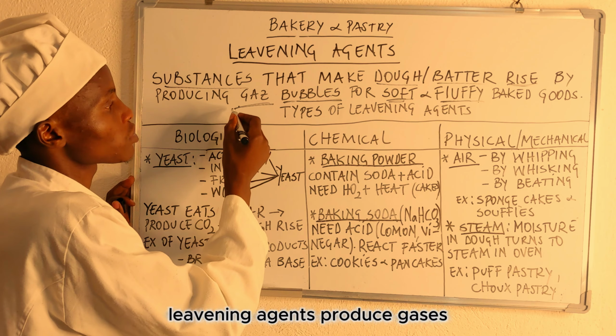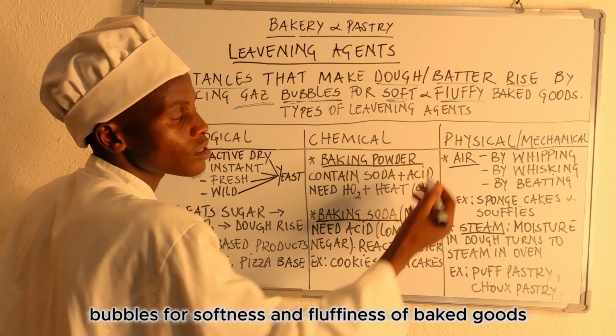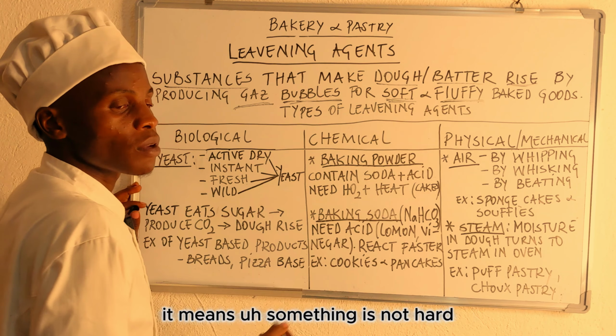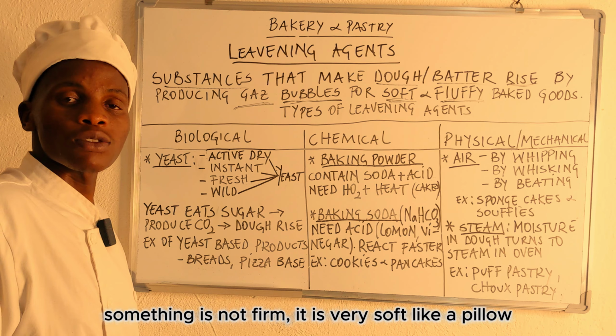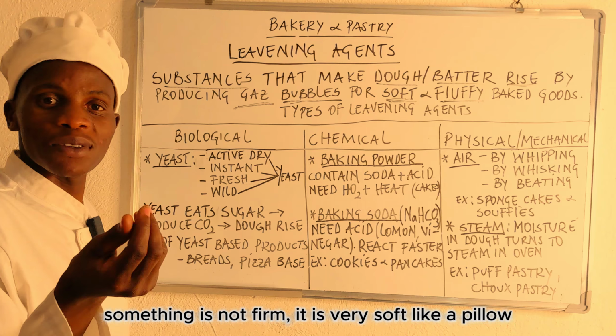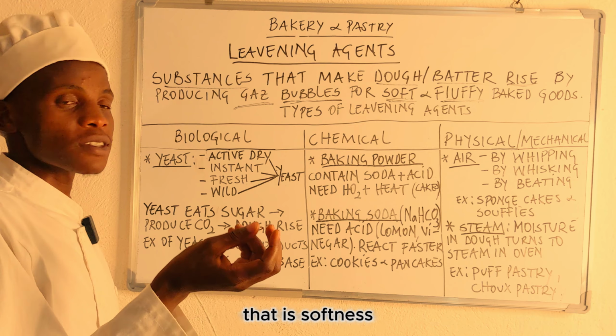Leavening agents produce gas bubbles for softness and fluffiness of baked goods. When something is soft, it means something is not hard, something is not firm. It is very soft, like a pillow. Do you know a pillow? Check your pillow on your bed and tell me. That is softness.